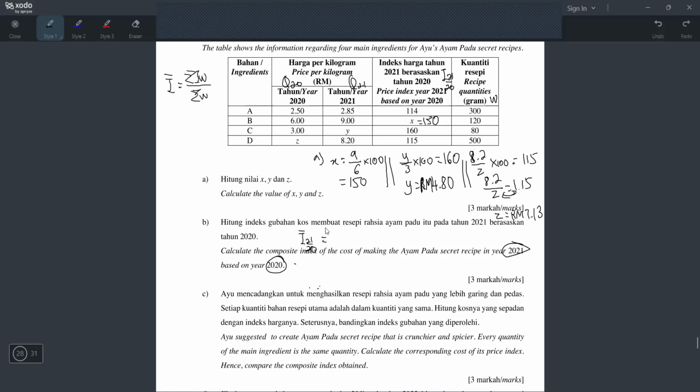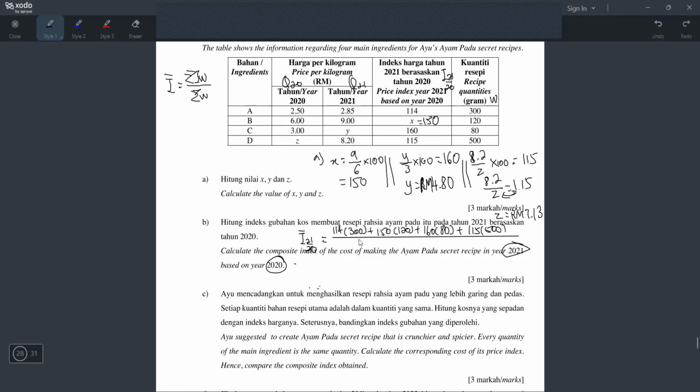It means you can use this I. So the formula will be what? 114 times 300 and so on. But if the year doesn't match here, you cannot use. So the year has to match. Okay, so 114 times 300 plus 150 times 120 plus 160 times 80 plus 115 times 500.